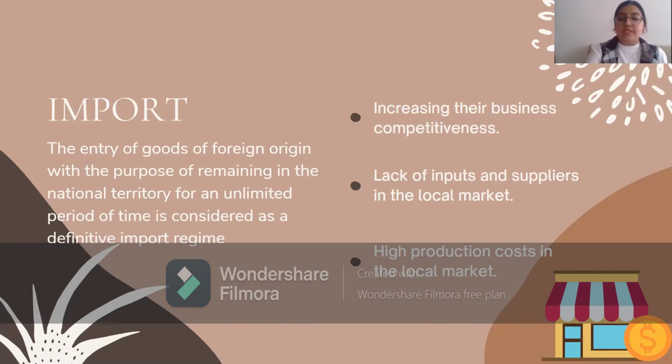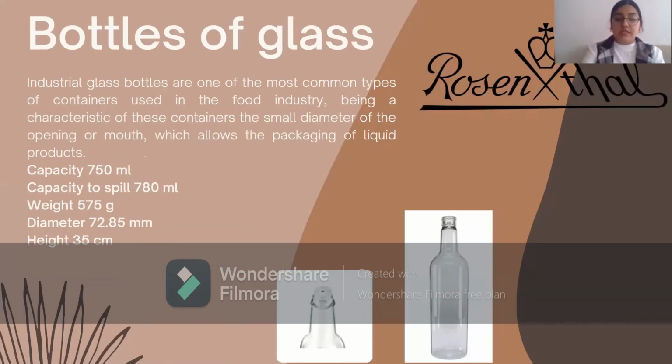Next slide, please. What we decided to import is glass bottles. These are industrial glass bottles from the German company Rosenthal. They are one of the most common types of containers used in the food industry. They are characterized for having a small diameter of the opening or mouth, which allows the packaging of liquid products.